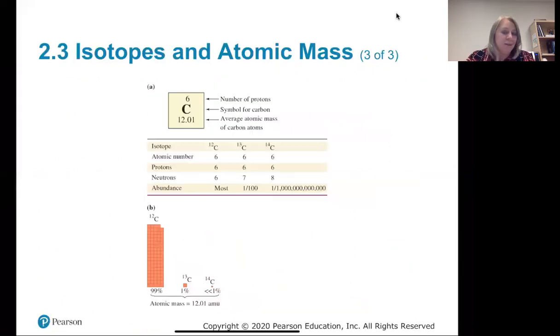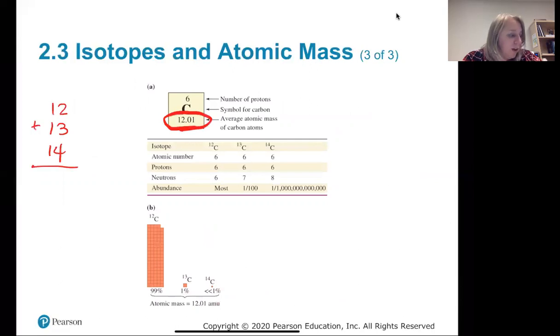So let me show you what I mean. So here's the periodic table, right? We have carbon. We know our number of protons is 6 on the top. And here's our average atomic mass. So how do we figure that out? How do we get 12.01? Because if you had 3 isotopes of carbon, and one was 12, one was 13, and one was 14, if I wanted to get an average of this, I add all of these up.